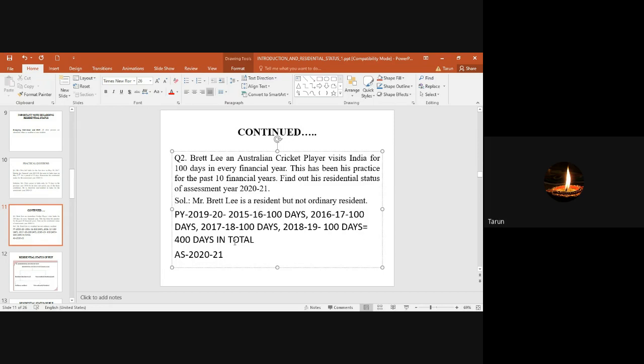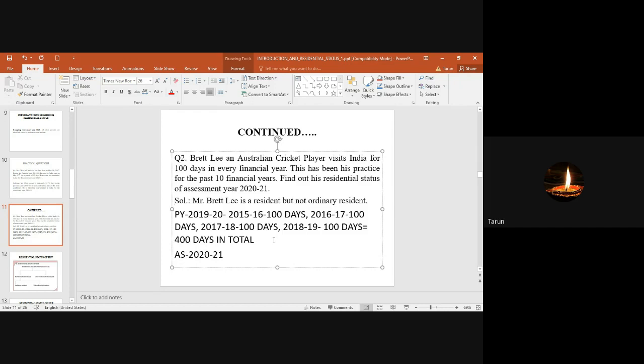The previous year is 2019-20, and the 4 preceding years are 15 to 16, 16 to 17, 17 to 18, 2018 to 19. It is already written in the question that Brett Lee visited for 100 days in every financial year. So in these financial years he stayed 100 days each, and the total days counted are 400 days.